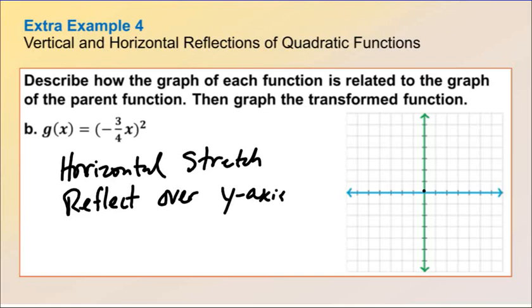Now the vertex is at 0, 0. If I put a 1 in for x, 1 times -3/4 is -3/4, squared gives us 9/16. 9 divided by 16 is 0.56. So that would be here and over here. So that's what our graph will look like.